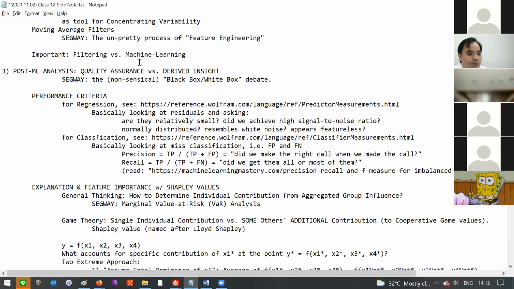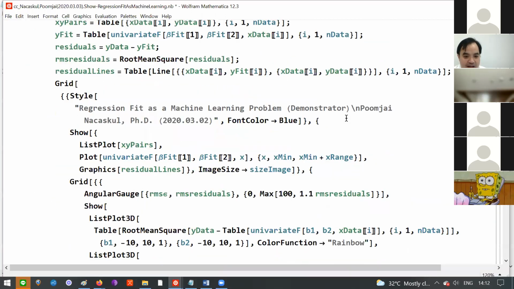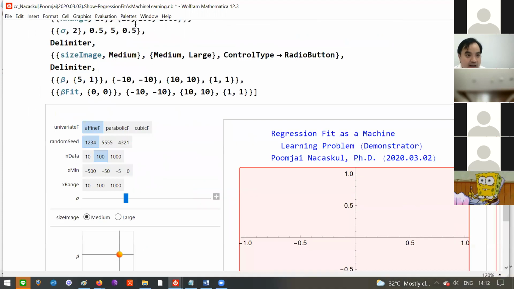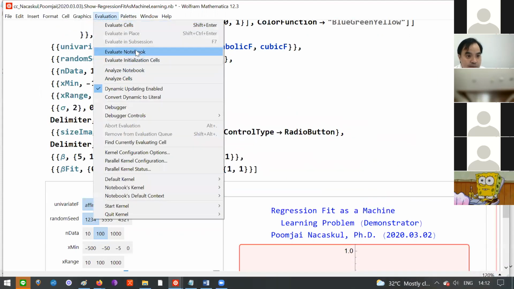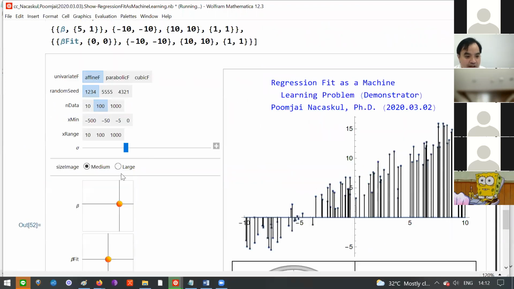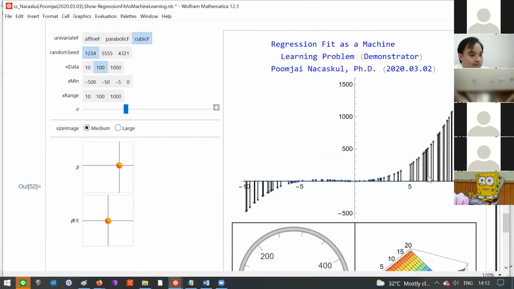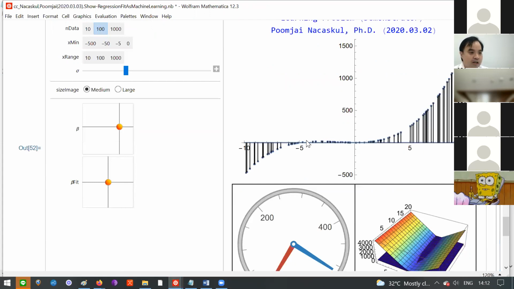Right. So post-analysis means what? Think of your project. You build some kind of project, some kind of model.